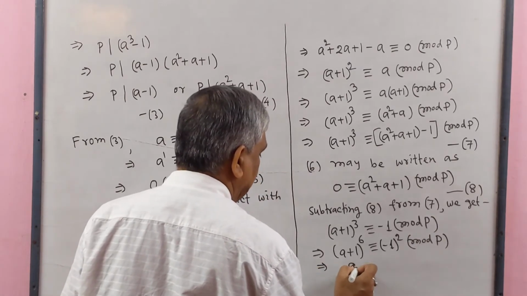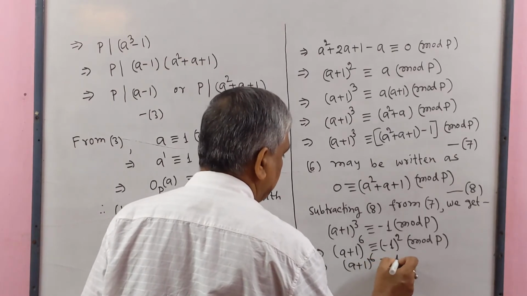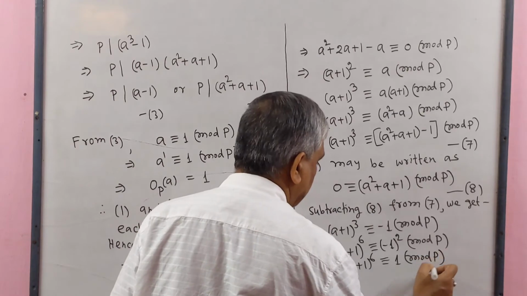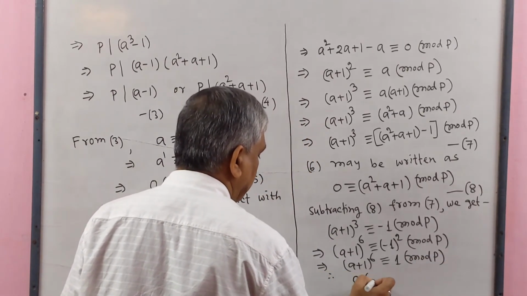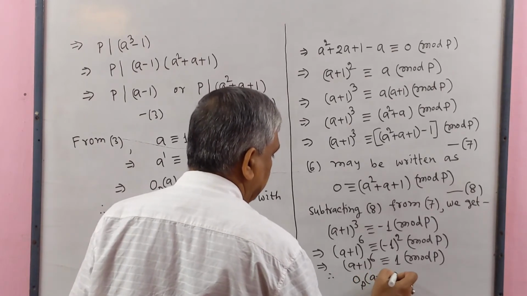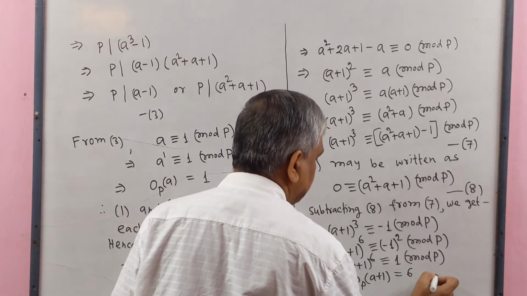Implies that a plus 1 whole to the power 6 is congruent to 1 modulo p. Therefore, order of a plus 1 modulo p equal to 6. Our problem is solved.